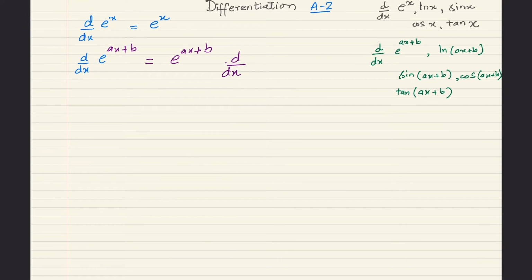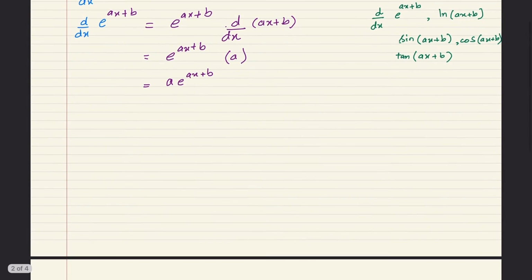Here the exponential is the function, and then we write the derivative of ax plus b. We use this in all the extensions of these formulae. The derivative of ax plus b is simply a, because b is a constant and its derivative is 0. So it becomes a times e power ax plus b.